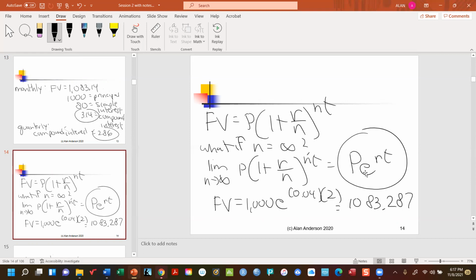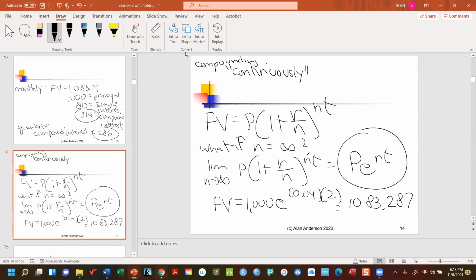So I can use this formula to calculate the future value of my sum when interest rates are compounded, let me put this in quotes, continuously. Compounding takes place continuously, meaning at every instant in time.